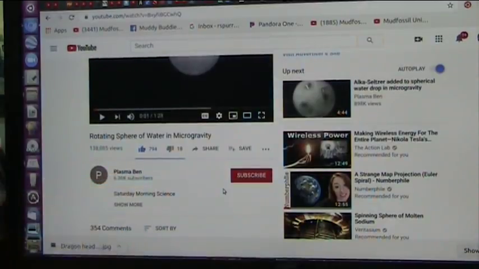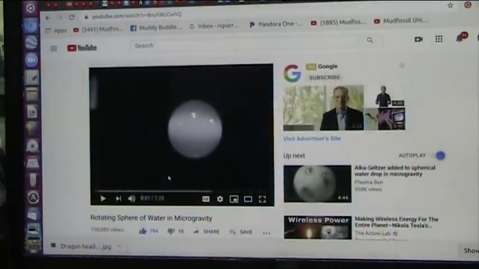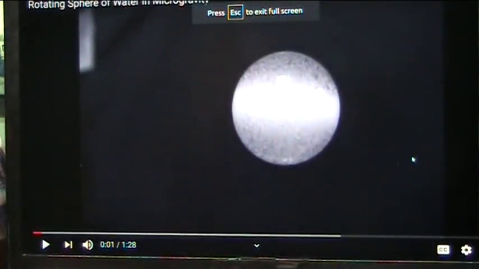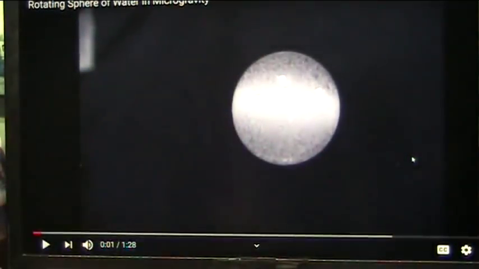This is plasma Ben, and this is on the space station, and what he is going to do is rotate that ball of water, and he's got some little surfactants in there and some stuff. He'll explain it. Now, what do you think will happen to that ball of water just floating around in space? Because we're nothing more than a ball of water floating around in space.